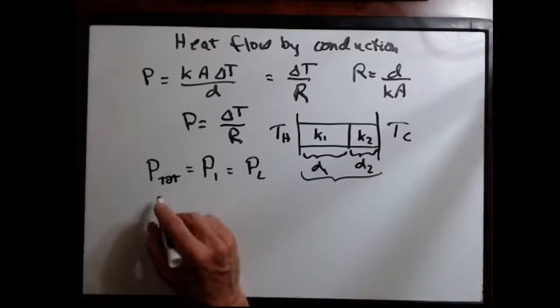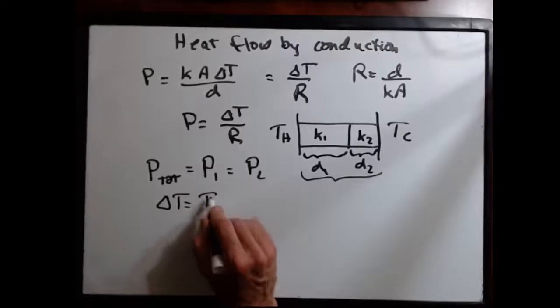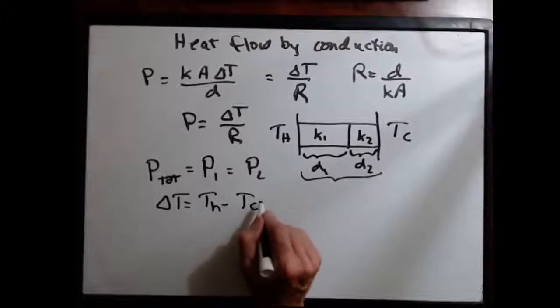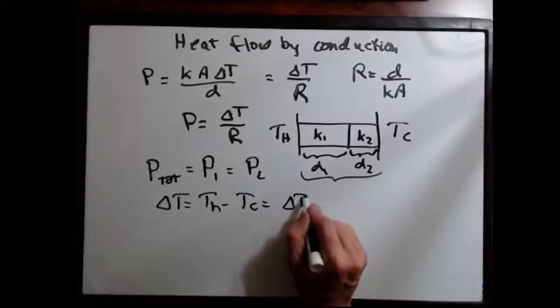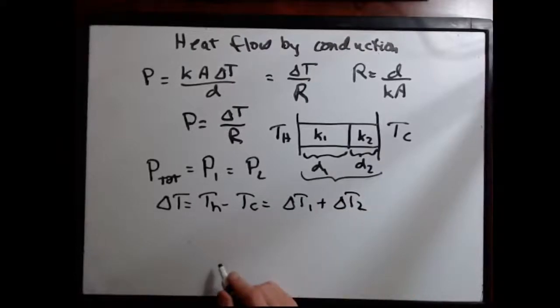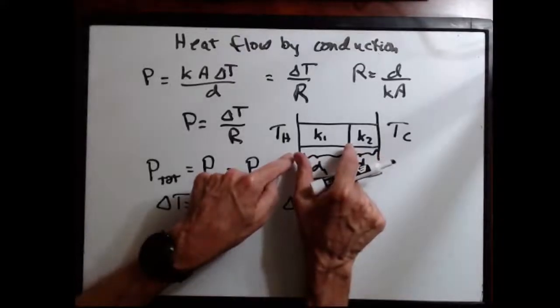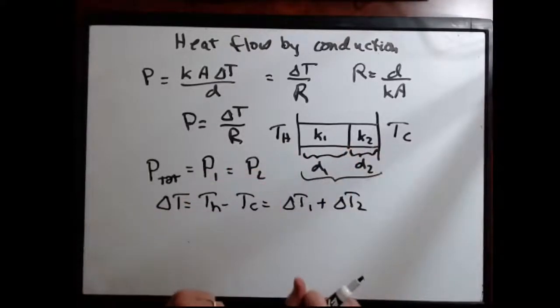I can say the total temperature across the whole thing, delta T, is T hot minus T cold, and that's equal to delta T1 plus delta T2. The temperature across the whole thing is the temperature drop across here plus the temperature drop across there.